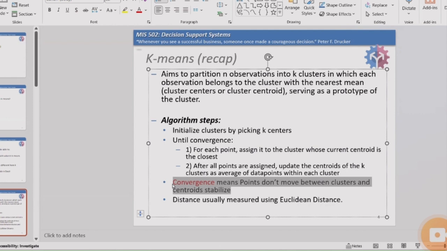It means that the center is not changing anymore. Okay, so does everybody understand what convergence is? Convergence is the concept that in every next iteration, your center does not change anymore. So then basically you're saying that your results have converged. So this is where you stop.